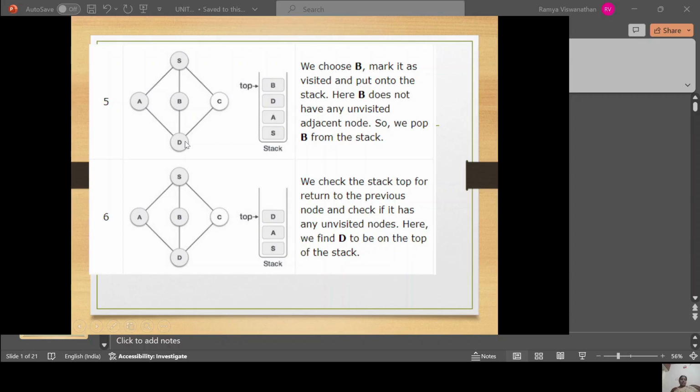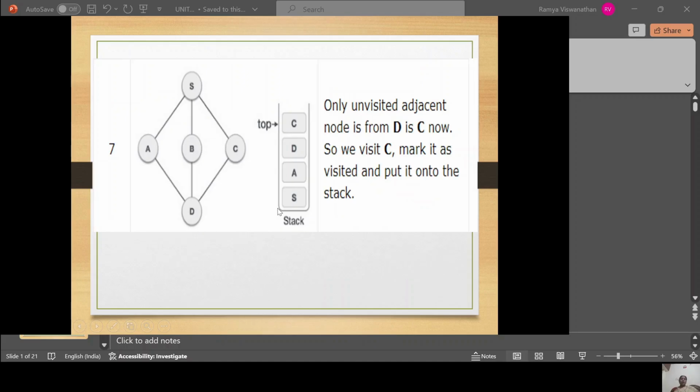For this D, now considered as the top, does it have any unvisited node? Yes, that unvisited node is C, right? So this can be placed on the top of the stack. So this is the stack data structure for DFS: S, A, D and C.